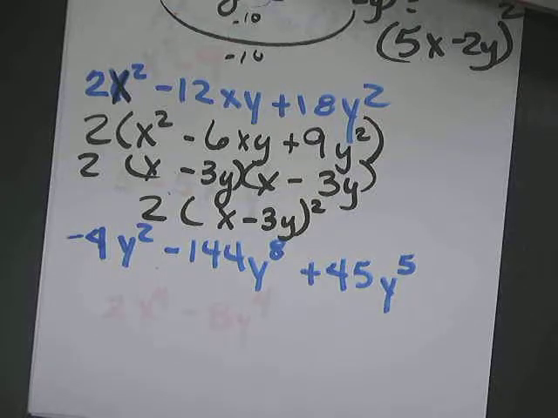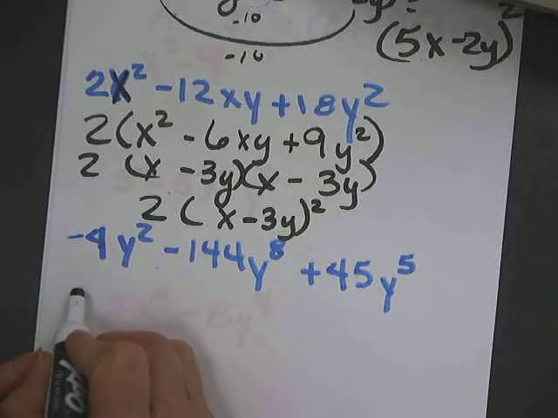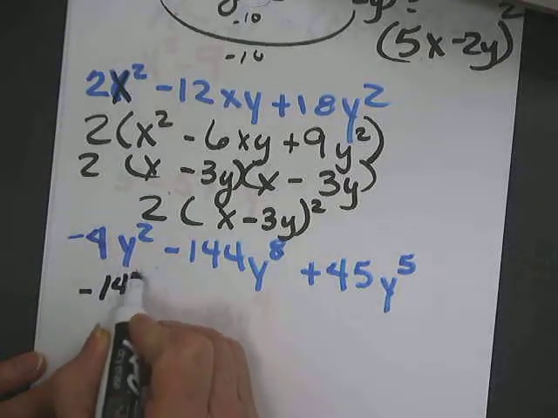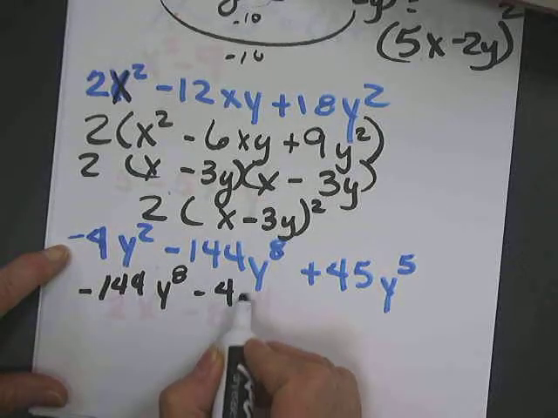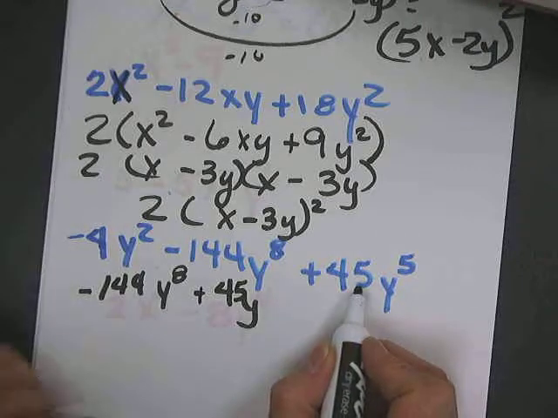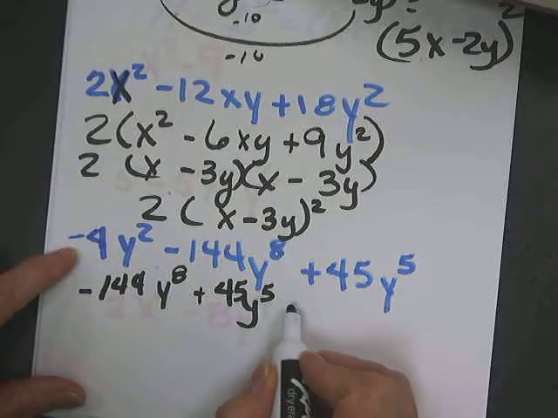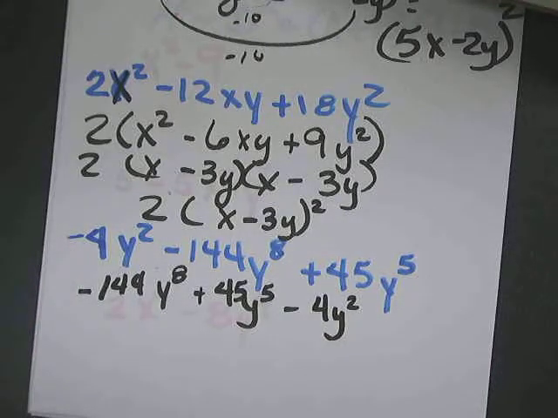Okay, do we have the next one in descending order? All we have is y's. No. Biggest one is this, right? So let's go negative 144, y to the 8th, minus 4y, oops, plus 45, sorry.